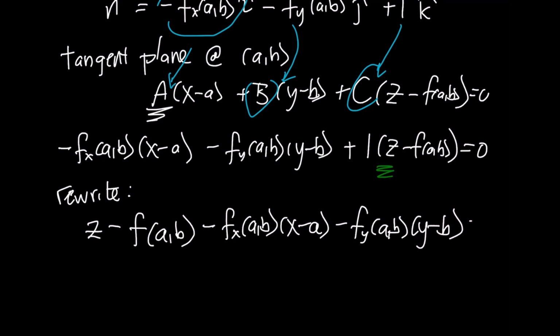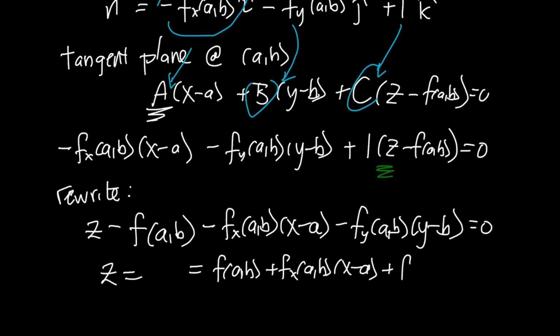Now, all of this is equal to 0. So if I reorganize this for z, what I'll find is that this is going to be f of (a, b) plus the x partial at (a, b), x minus a, plus the y partial at (a, b), y minus b.